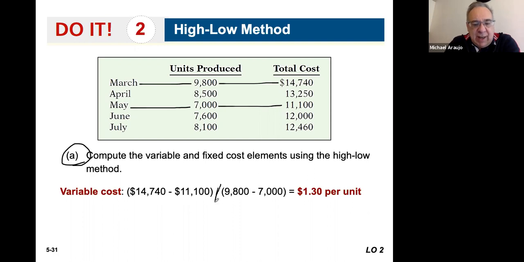And then we divide that by the difference in units, 9,800 units minus 7,000 units. And it comes out to $1.30 per unit. Okay. So again, this is March cost minus May cost, and then March units minus May units.